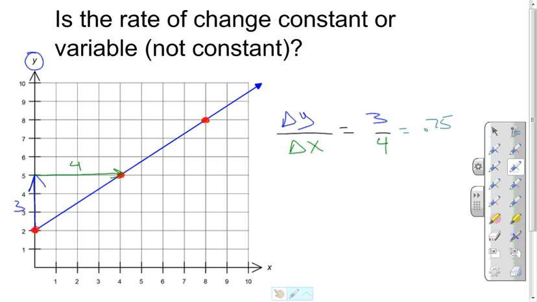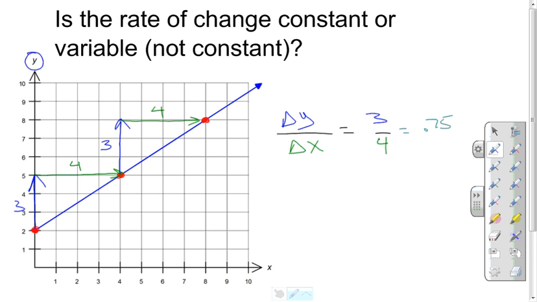Okay? Now, to know if something's constant, you have to look at more than one instance of it. Okay? I only have one instance of a rate of change here, so I'm going to measure another. And I'll take these second 2 points. And here I've got a delta y of 3, because I went up 3, and I've got a delta x of 4.